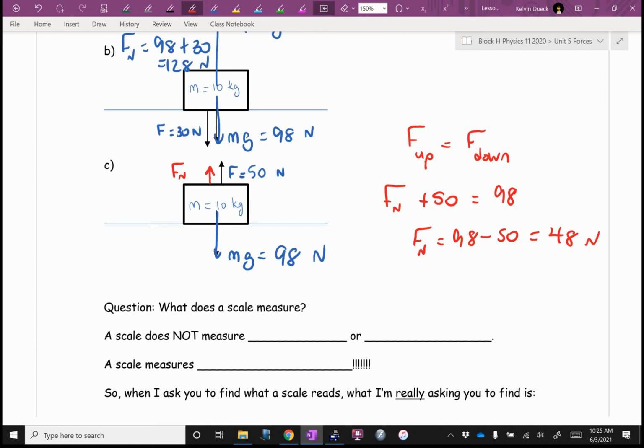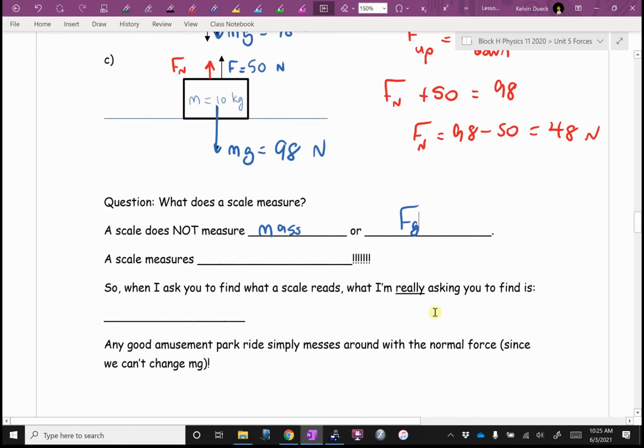So, a scale does not measure mass or the force of gravity. A scale measures normal force. By the way, when I jumped out of an airplane, if I stood on that scale in free fall, what would the scale read exactly as a number?